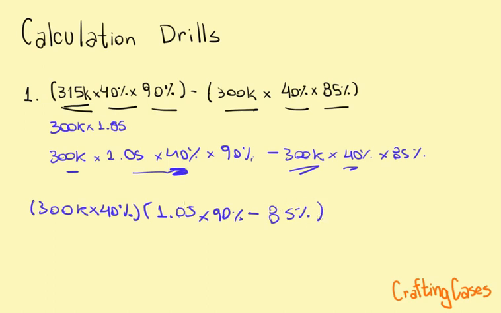Now let's do this one. What's 5% of 90%? 4.5%. So this is 94.5% minus 85%. This should be 9.5%.